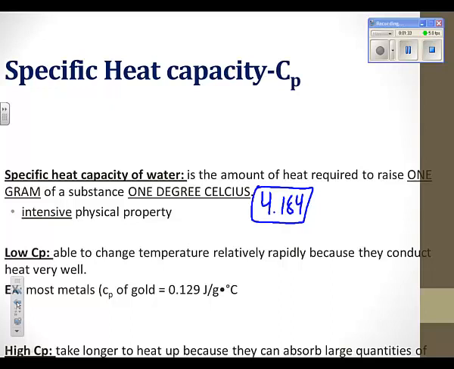Now, what do these actually tell us? Low specific heat capacities are able to change temperature relatively rapidly, so they conduct heat very, very well. These are going to be your metals. When you're cooking, you want a metal with a low specific heat, so your pot heats up faster and more evenly. High specific heat materials take longer to heat up because they will absorb large quantities of heat.